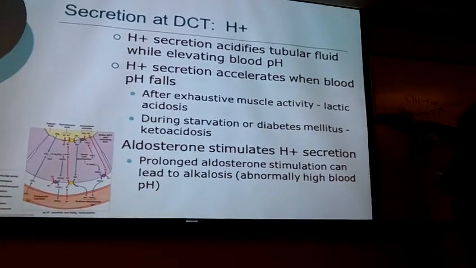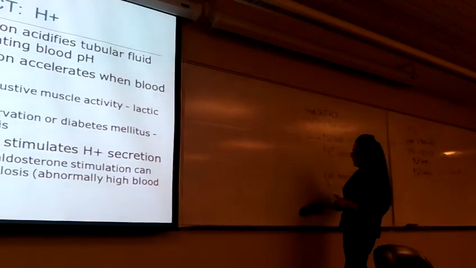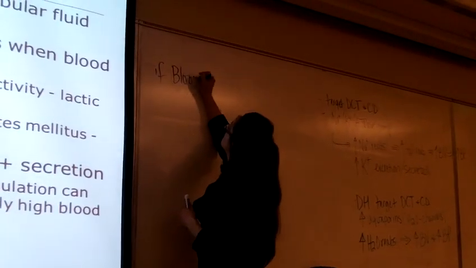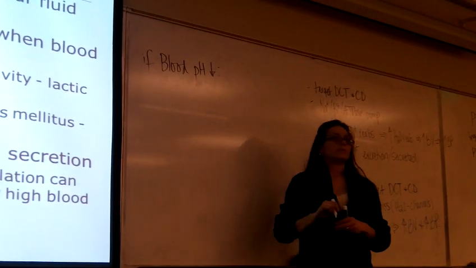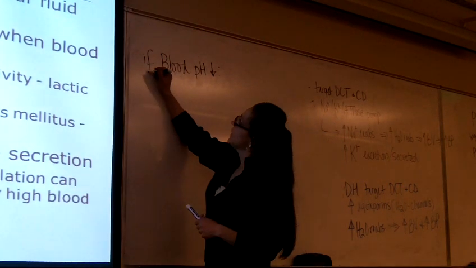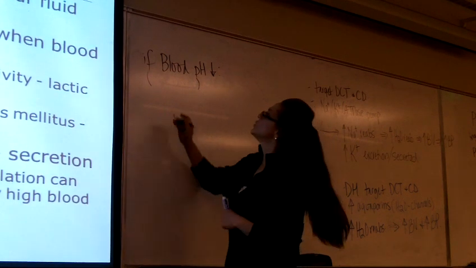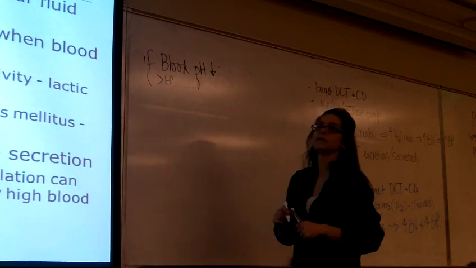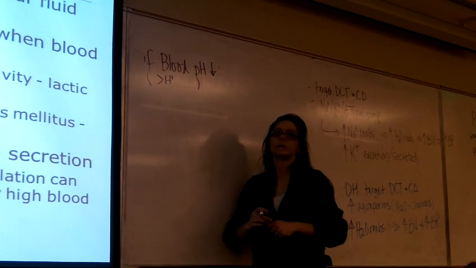So if your blood pH starts to become too low, and that means that you have too many hydrogen ions in your blood. Too many. Okay? Too many hydrogen ions. Don't get confused by my symbol. I just mean you have a lot of hydrogen ions.